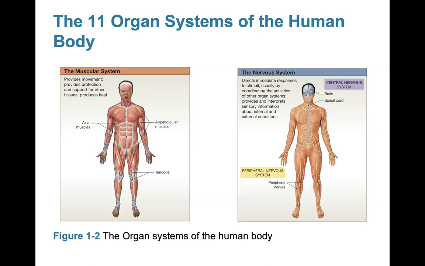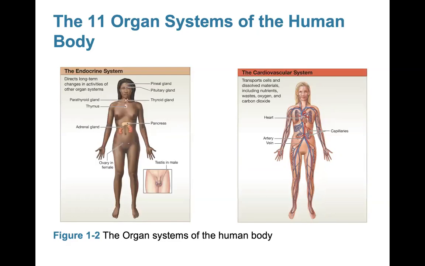This will direct immediate responses to stimuli, usually by coordinating the activities of other organ systems, and provides and interprets sensory information about internal and external conditions. This will consist of the brain and spinal cord, which is part of your central nervous system, and then all of your nerves throughout the entire body, which makes up the peripheral nervous system.